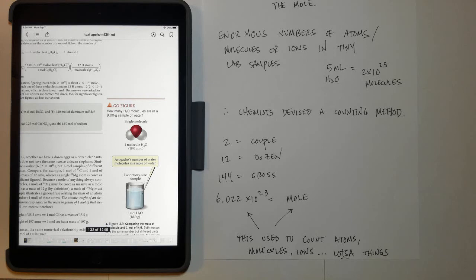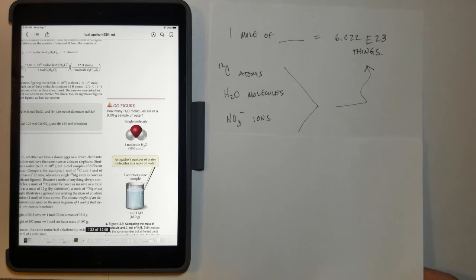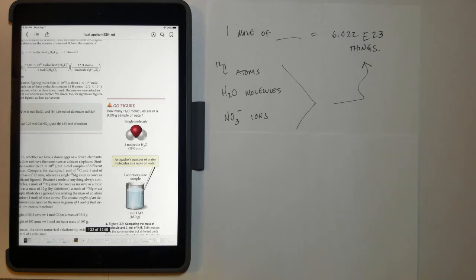And it turns out it's really handy too, because one mole, 6.02 times 10 to the 23rd things, is the same whether you count atoms of carbon, molecules of water, or NO3 minus, which is called nitrate ions. It's the same.